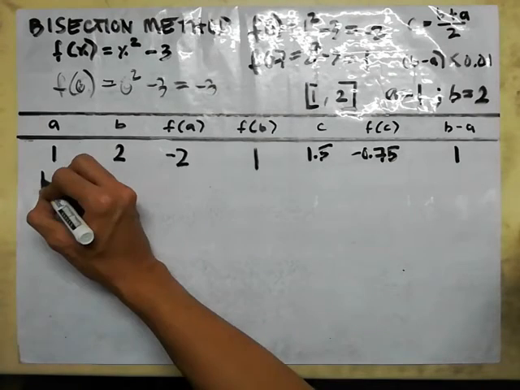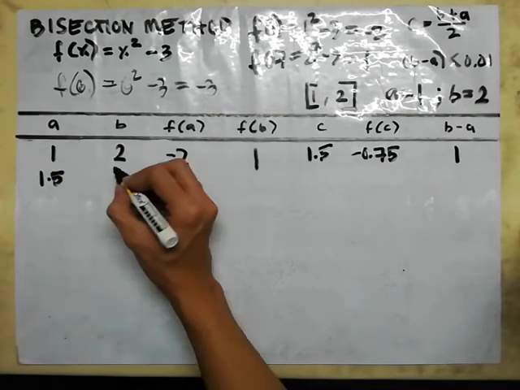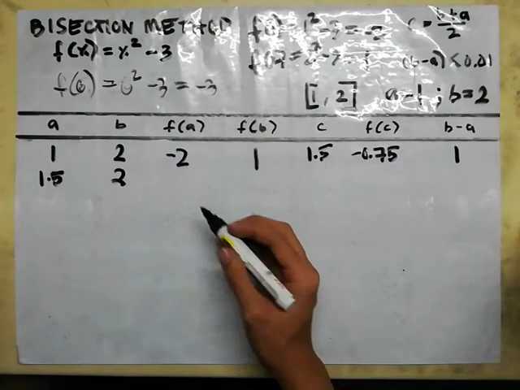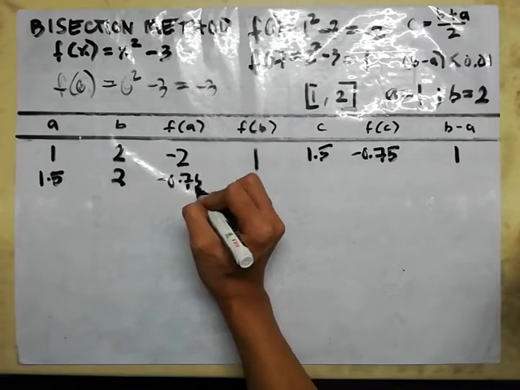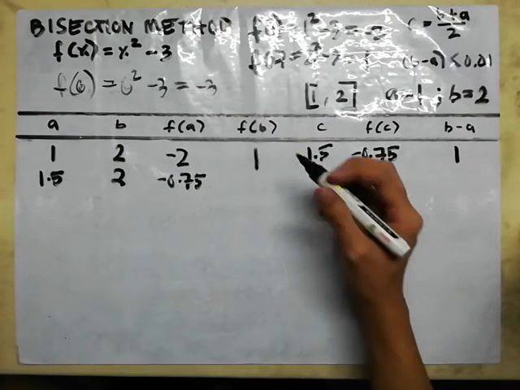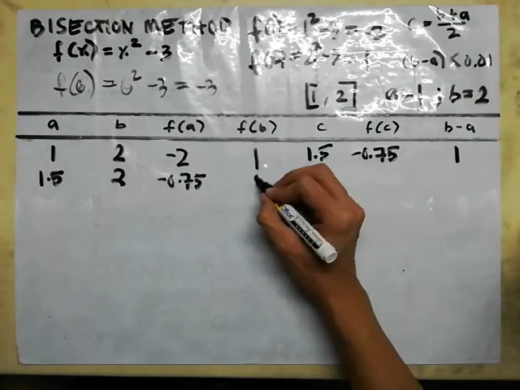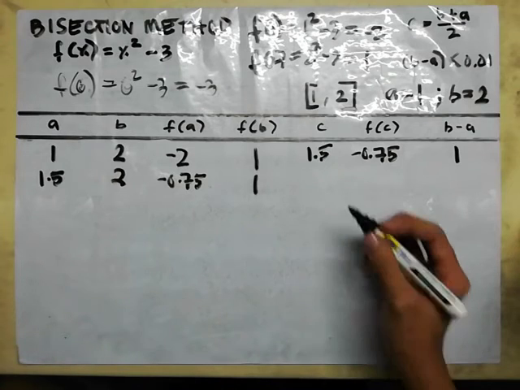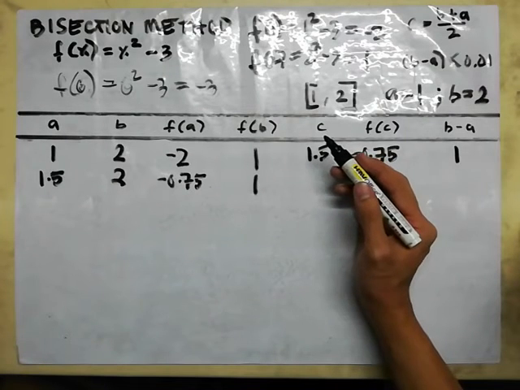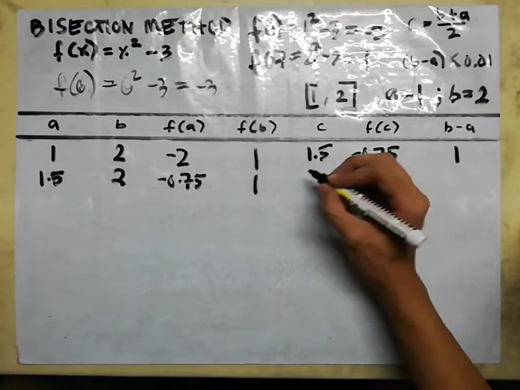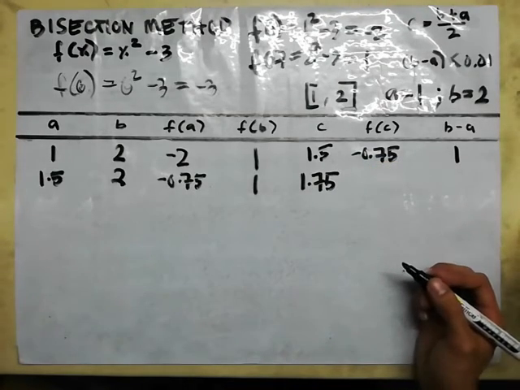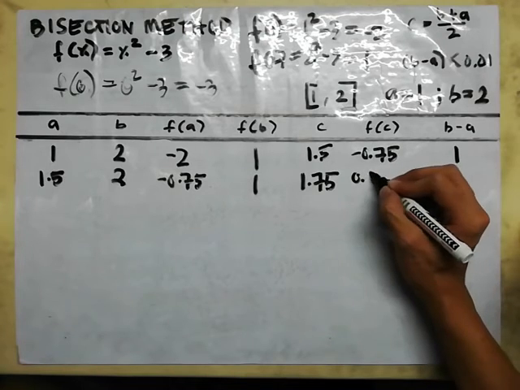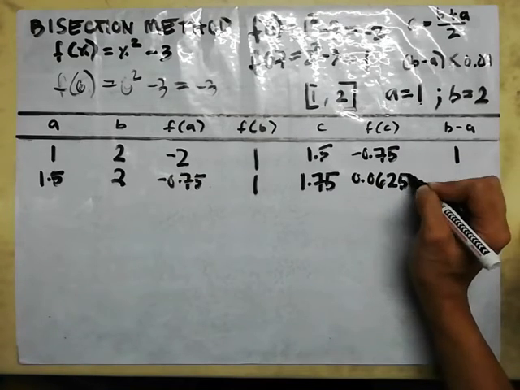So we have 1.5, then 2. The function of a, which is 1.5, is negative 0.75. Next, the function of b is 1. For c, we have 2 plus 1.5 all over 2, which is 1.75. For the function of c, we have 0.0625.